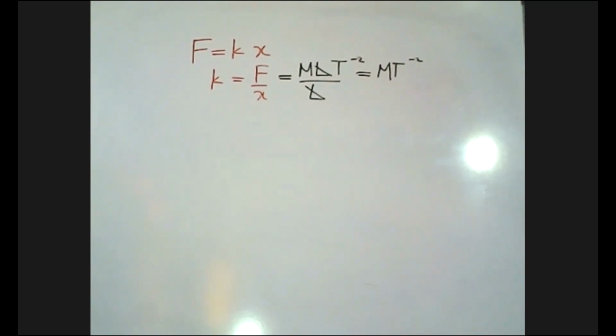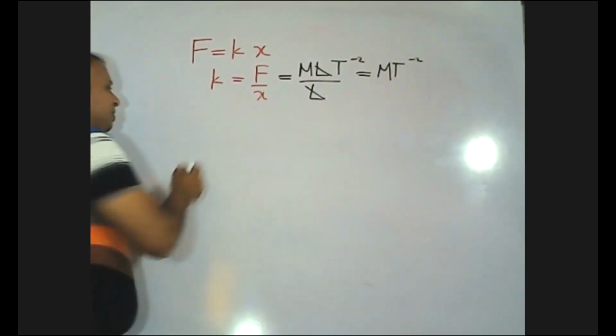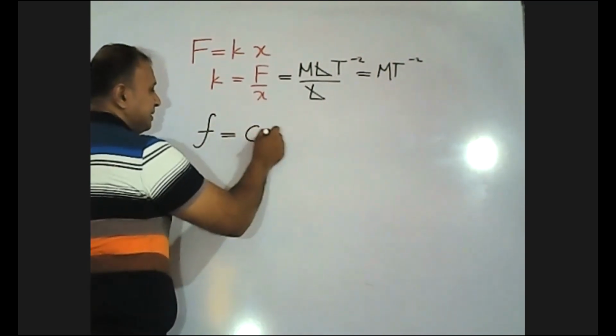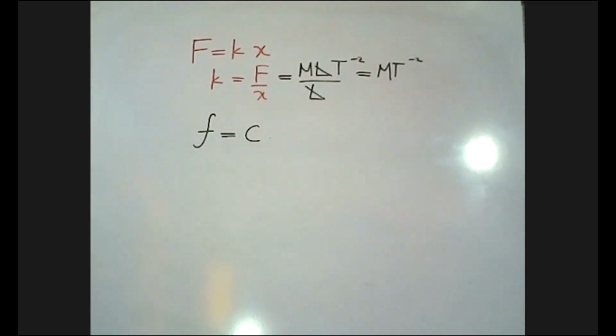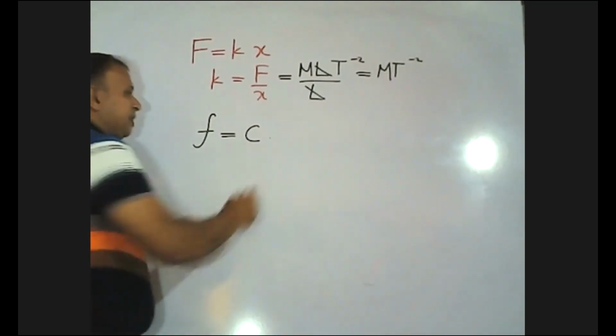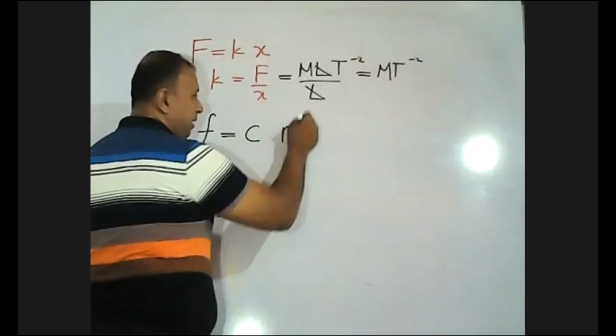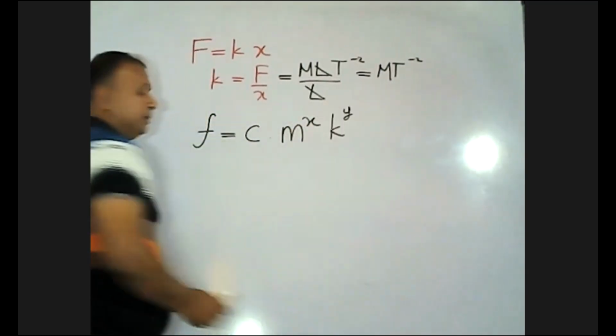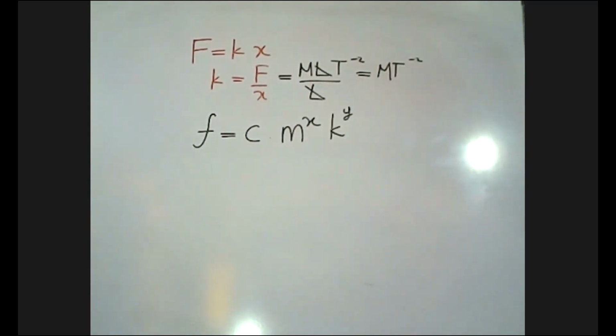Okay. Then we are given this equation. Frequency f is equal to c times m to the power x, k to the power y. We have to find x and y.